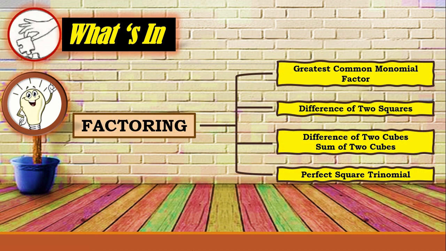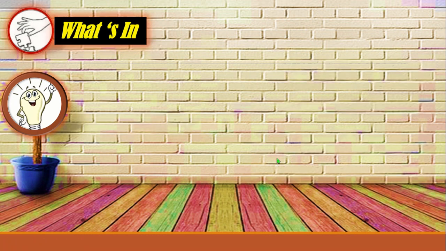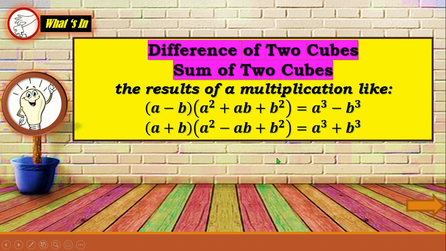Now, what is the difference of two cubes and the sum of two cubes? They are the results of a multiplication like this. We have here a binomial, a minus b. We distribute the terms in our binomial to the terms in our trinomial.